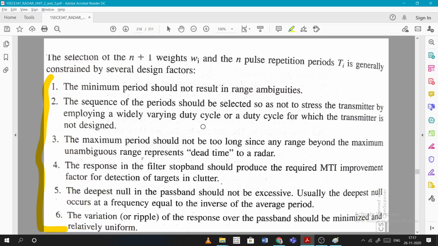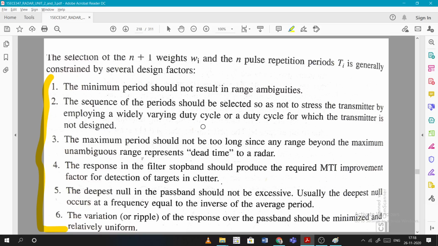And the response in the filter stopband should produce the required MTI improvement factor for detection of targets in clutter. That improvement factor we will calculate as some value, so we should get the same required value here also for that particular stopband.